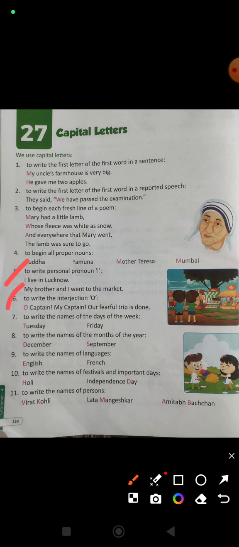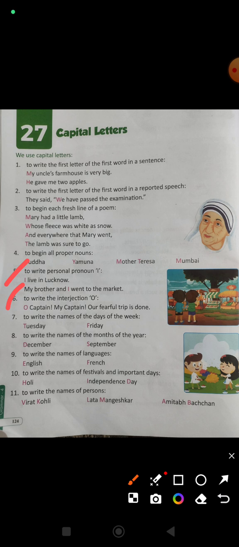So what do these mainly express? Feelings rather than meanings. Instead of meanings, these words mainly express feelings. Example: Oh, what a beautiful house. So in this sentence also, the O, always make O capital.